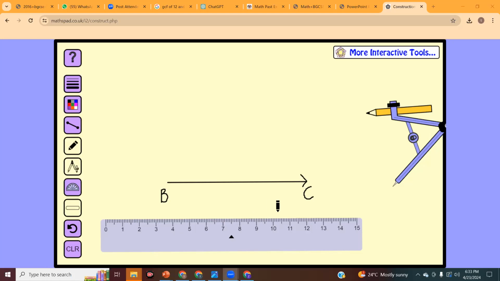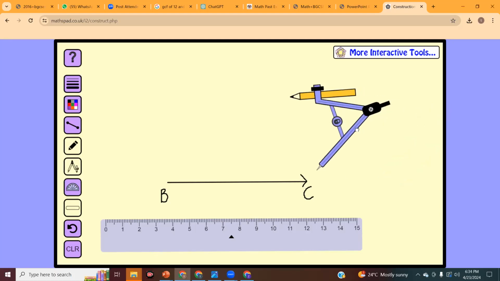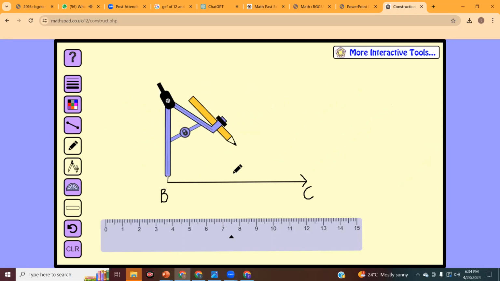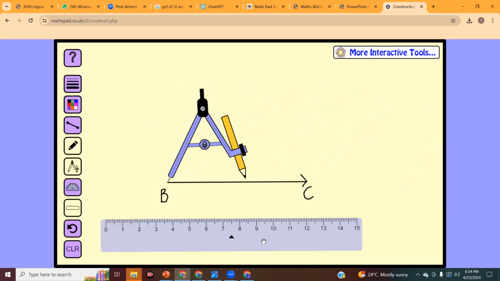All right. So this is the ray BC. So what's the next step? What are we gonna do now? We have to go to this point B. All right, and then we're gonna draw, what are we gonna draw?